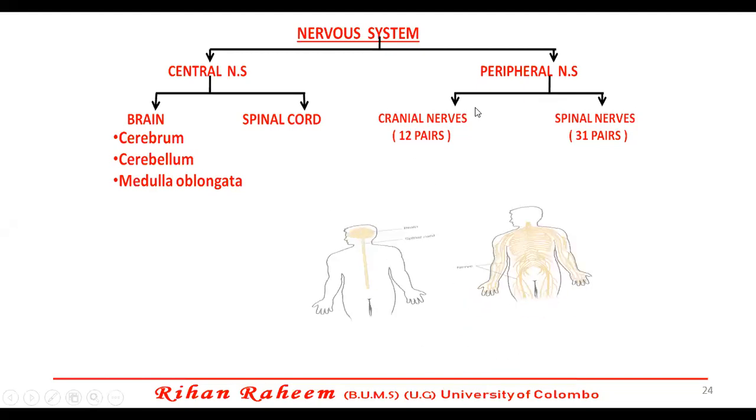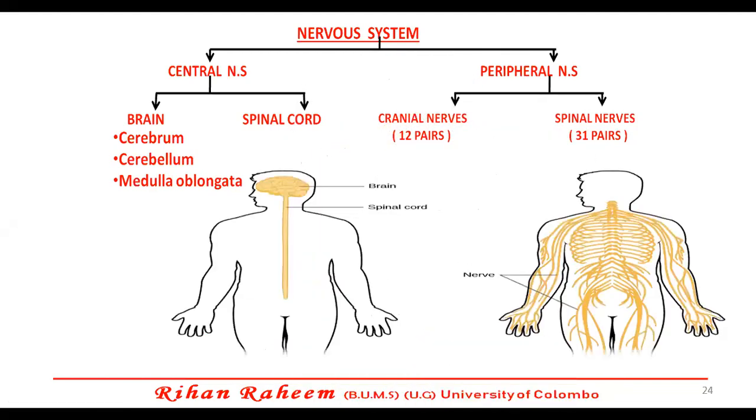So here is the picture of the central nervous system and the peripheral nervous system. If you look at this, the brain and the spinal cord are in the center part of the body, no? Therefore, it is the central nervous system. And now see these nerves coming from the corners. All those are known as the peripheral nervous system.